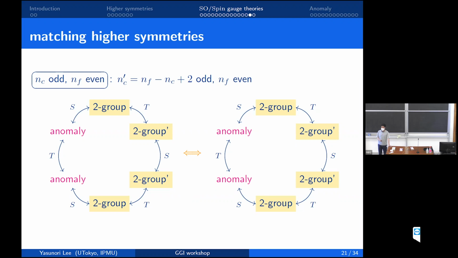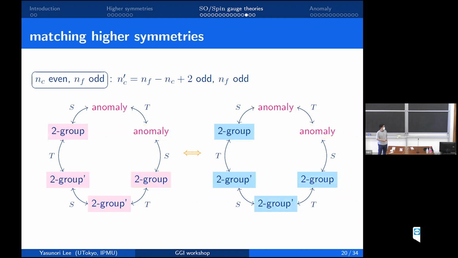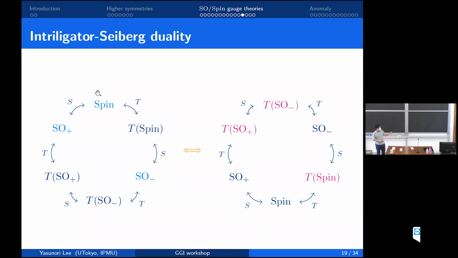For this special value, the algebra is the same. I'm not sure that the theory is the same, because maybe the global form of the group is not the same. Yes, the global form itself is different. There's no pair with the same global structure. I was just wondering if there is some extra self-dual argument or something extra to say in that case.